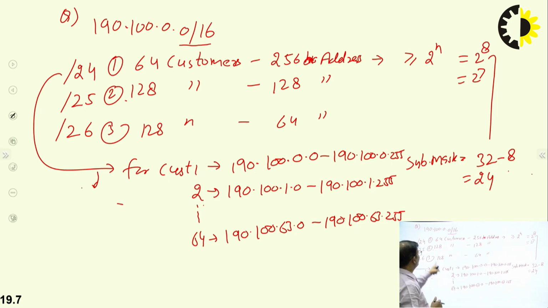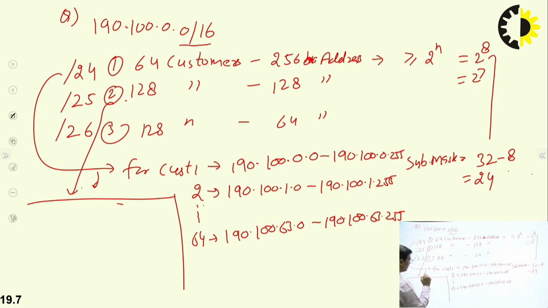Okay. And for the 128 customers requesting 128 addresses, what will be the range for this question? The range starts after this: 190.100.64.0 to, what is this? 128 addresses.